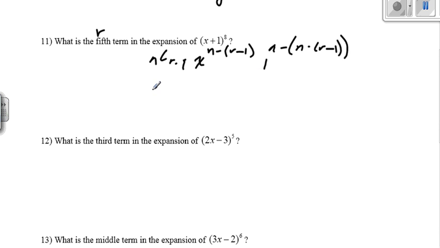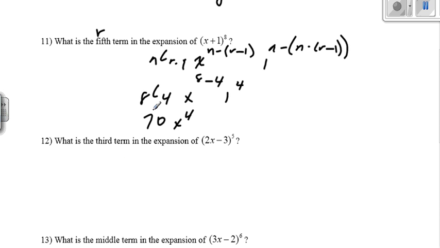So we get 8C4 x to the 8 minus 4, 1 to the 4th. 8C4 is 70, x to the 4th. That's a 1. Good.